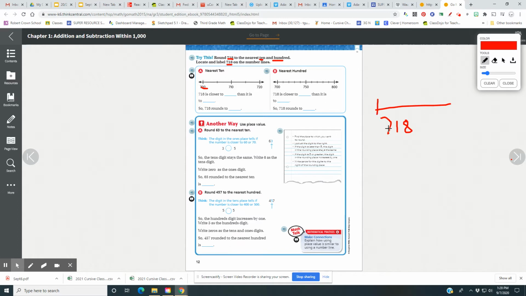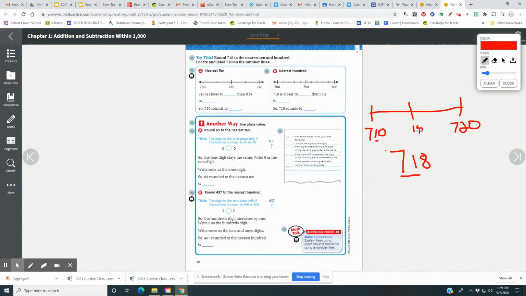is in between 710. Let me do this better. Here's 718. And if I think about it this way, I've got 710 and 720. So it's in between 10 and 20.